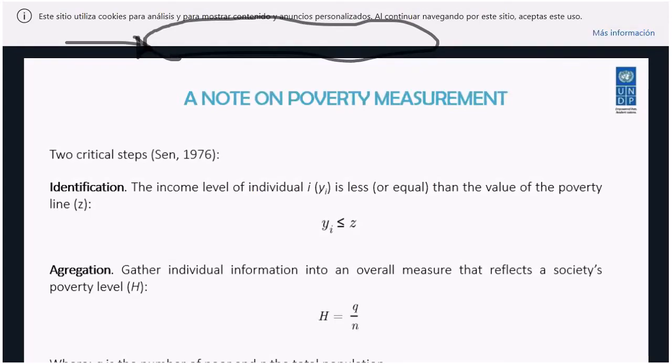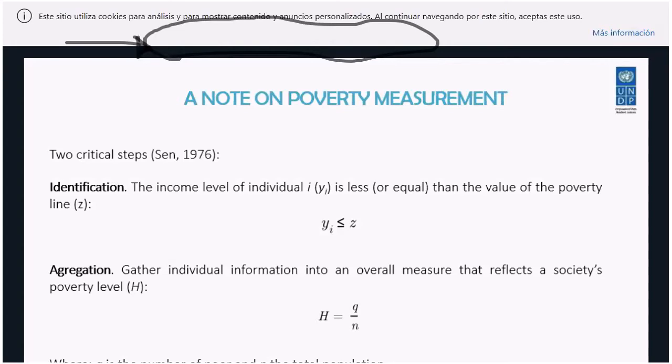So let's think about this just as a starting point, and this is very, very basic, and I am sure you probably know about this, but in case you don't, I think it is useful for your exercise. Okay, measuring poverty.